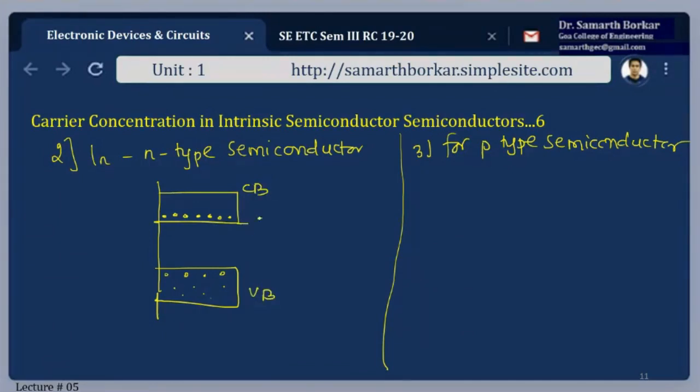This is marked as EC, least energy level of conduction band, highest energy level of valence band. And now this EF, the Fermi level, earlier for intrinsic, it is right at the center because number of holes equal to number of electrons. In n-type semiconductor, as the number of electrons are more, this Fermi level will shift towards the conduction band. So this is the Fermi level.